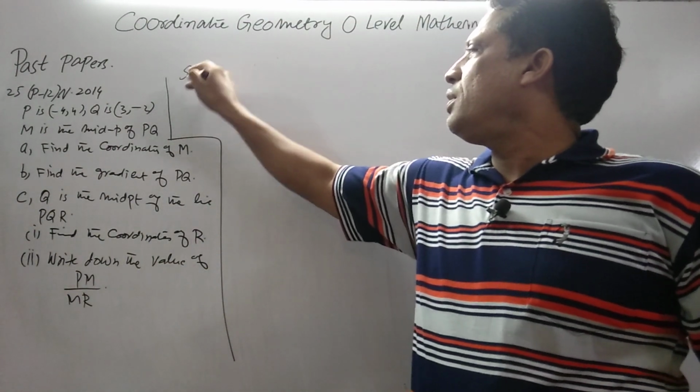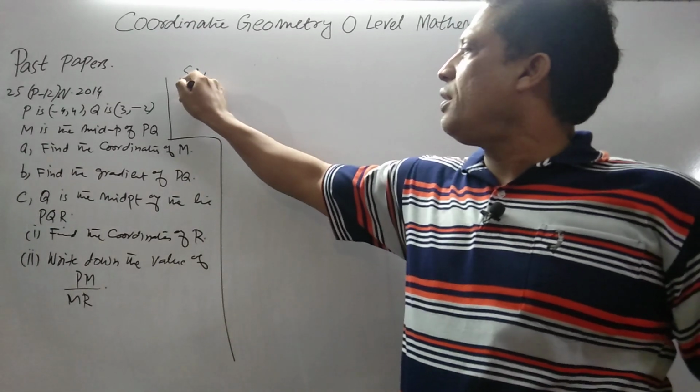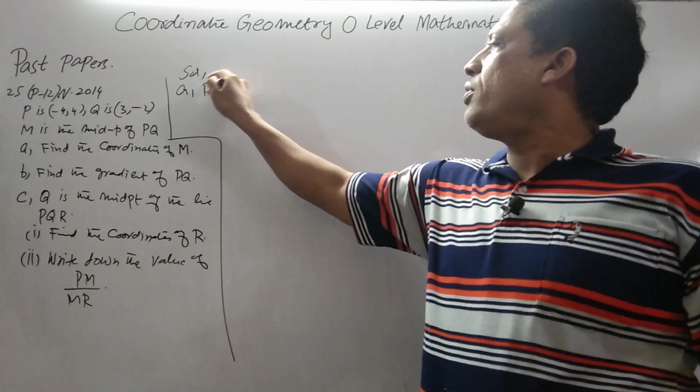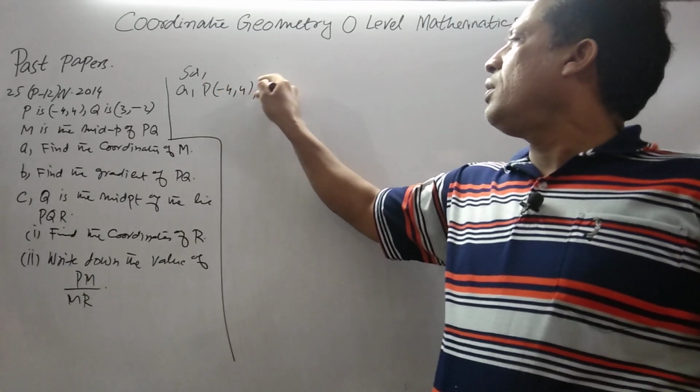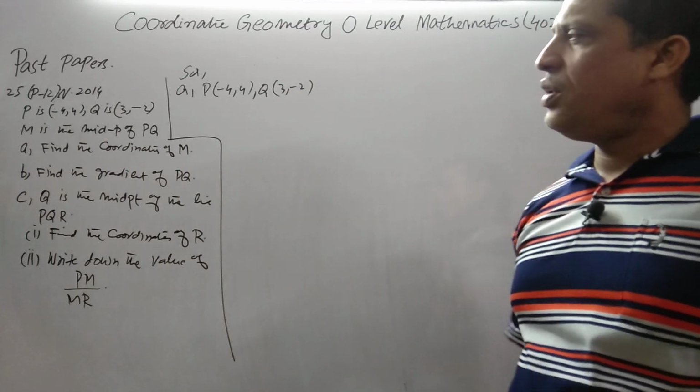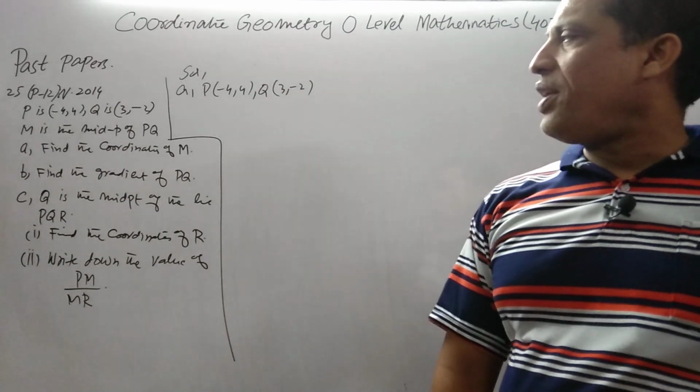Solution. Part A. P is (minus 4, 4). Q is (3, minus 2). M is the midpoint of PQ.